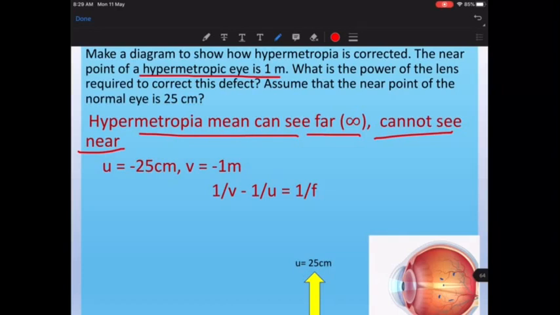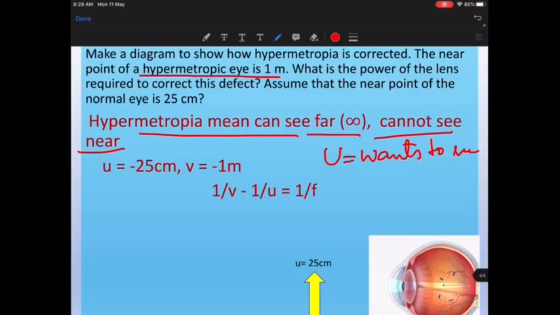But he wants to see any object at 25 centimeter. So your U will be 25, and again, it will be minus 25, because all the objects which are kept outside the eye are on the left side, so you will place a minus sign there. Now, V is what he can see. So what distance can he see? He can see minus 1 meter.